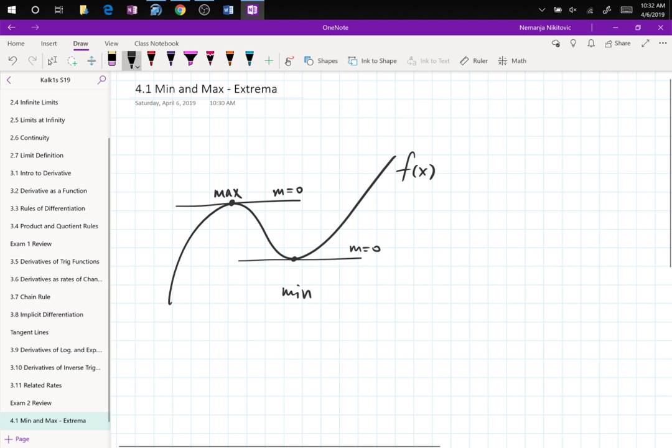So what is happening here? Well, we have a derivative, right? And we know that the derivative computed at a point is going to give us a slope m when we talk about tangent lines.